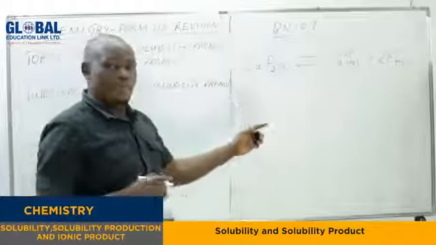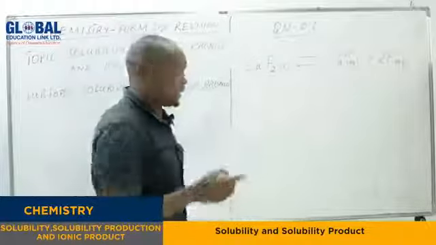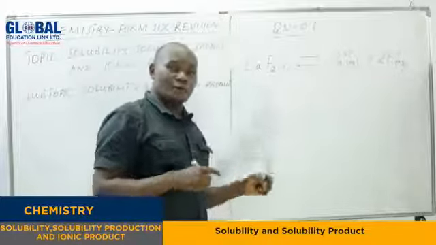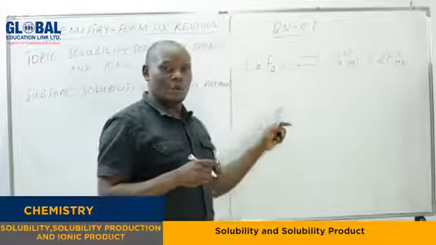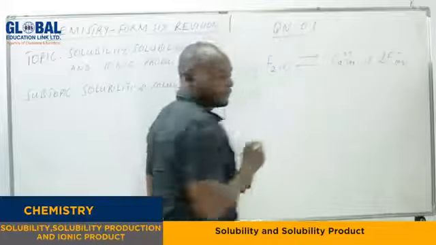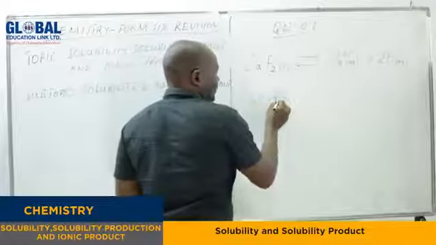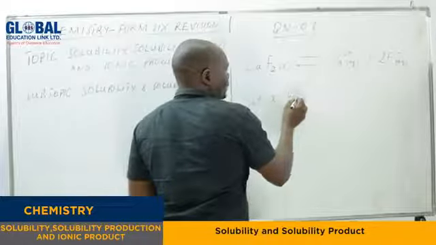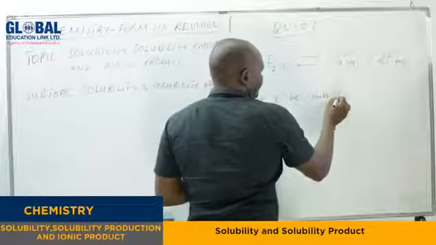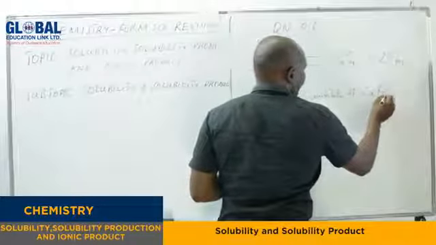From there, you remember how we determine the Ksp? We said that Ksp is the product of the concentration of the ions of that sparingly soluble substance. So here, since we have calcium and fluorine, let X stand for the solubility of calcium fluoride.